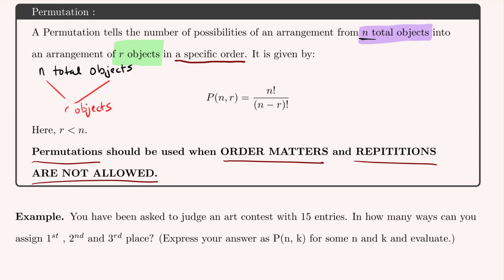Once you've identified those 2 numbers, we write the expression mathematically as the permutation from n objects to r objects is equal to n factorial, calculate that separately, divided by parentheses n minus r factorial. And remember, when parentheses are involved, we have to subtract first before we apply the factorial symbol.